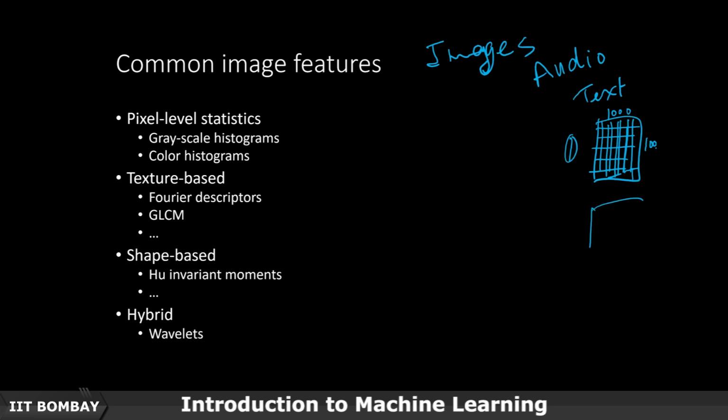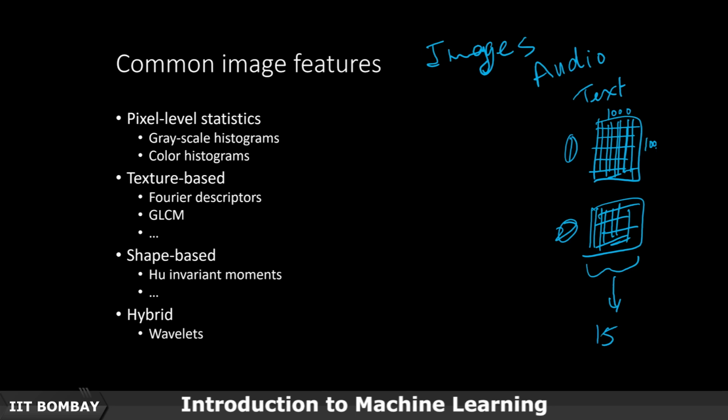Similarly, you can have a second image that is also 1000 by 1000. So if you have only 10,000 images and each of them is 1 million in dimension, because it has 1 million pixels, that's a lot of data to deal with. So what we need to do is take this image and boil it down to, let's say, 15 numbers. So you have 10,000 samples and 15 dimensions per sample.